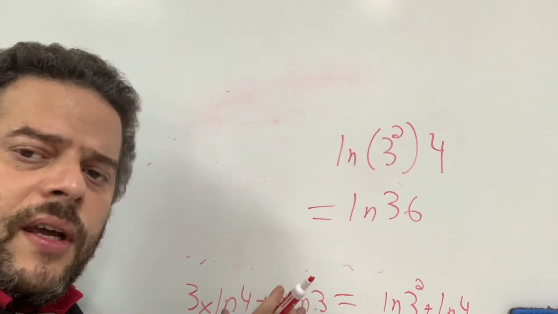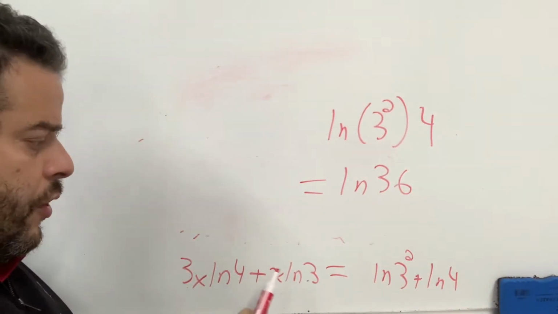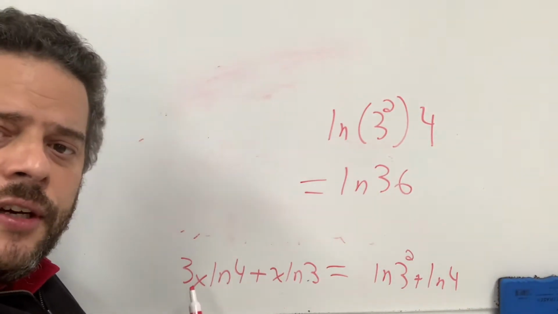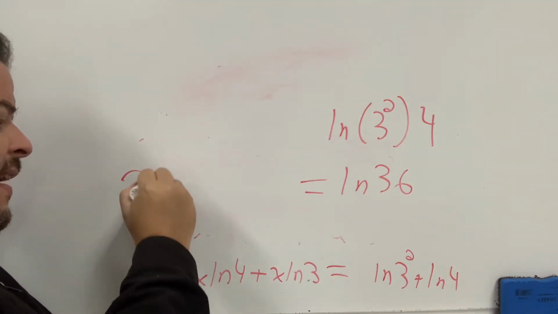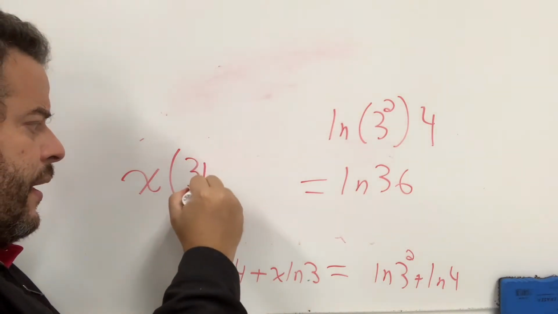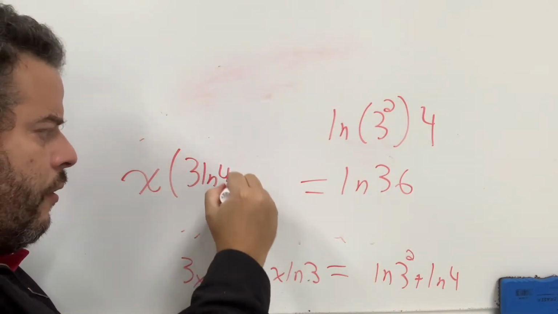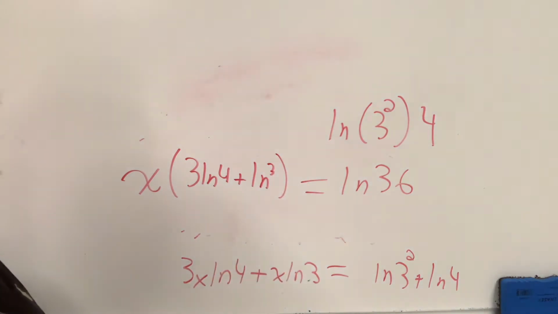So you're gonna do a common factor. Let me just lower the camera a bit, sorry. So you're gonna do a common factor here, and they both have an x in common. So on the left-hand side, I'm gonna have an x in common, and then I'm gonna have 3 natural log of 4 plus natural log of 3.